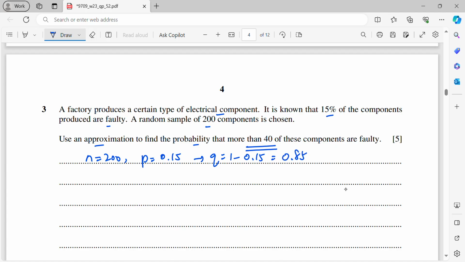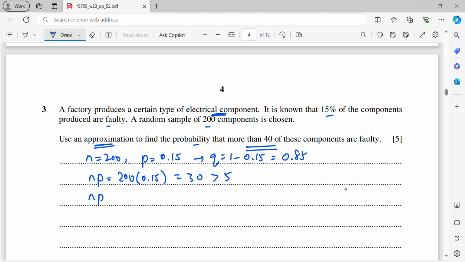Okay, so it's mentioned approximation. Initially, it was binomial distributed because the components are a discrete random variable. So now, since it's mentioned approximation, I check the np first. So the np is 200 times 0.15, then you will be getting 30, which is greater than 5.